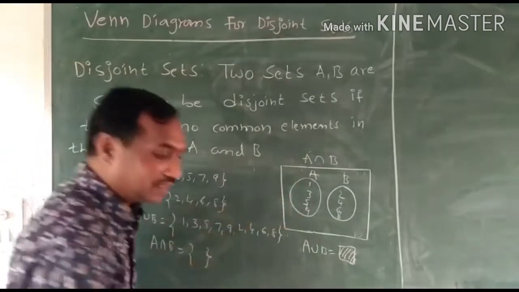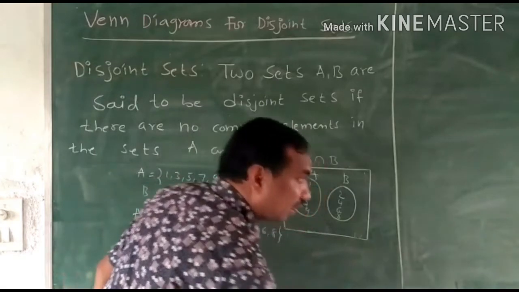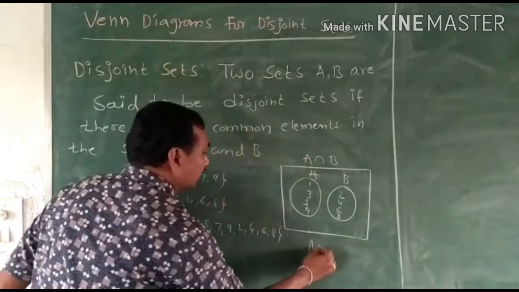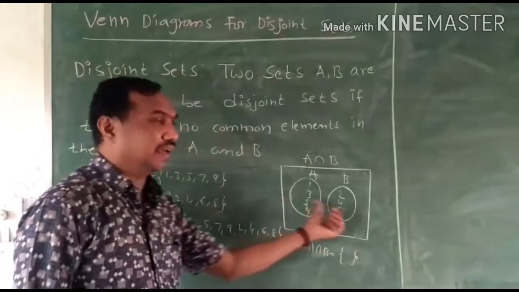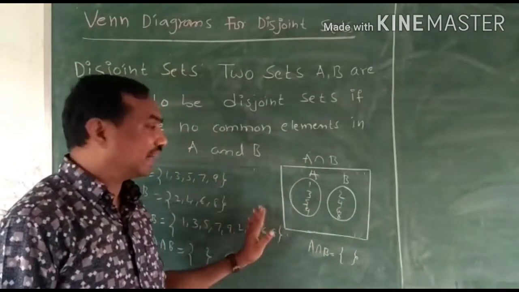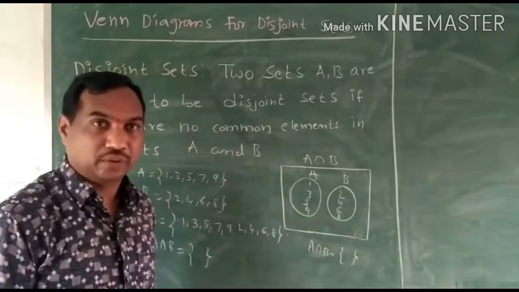Empty set means there is no shaded area. We just write A and B. There is no shaded area in the Venn diagram for disjoint sets for A intersection B.